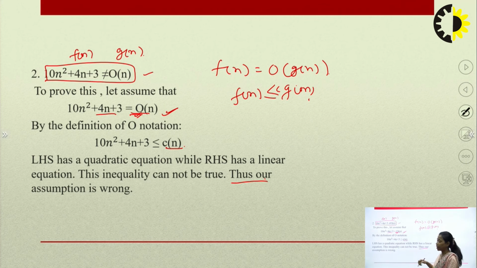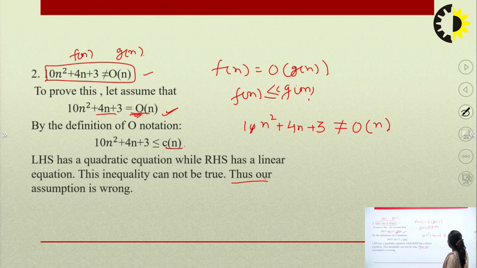So when our assumption proves wrong, that means 10n square plus 4n plus 3 is not equal to big O of n.